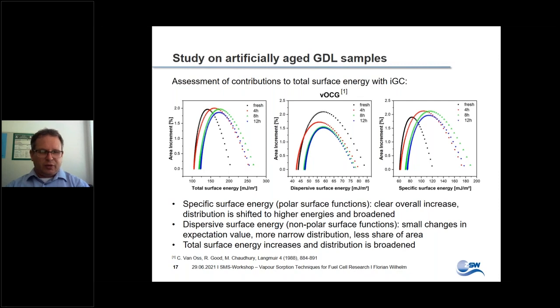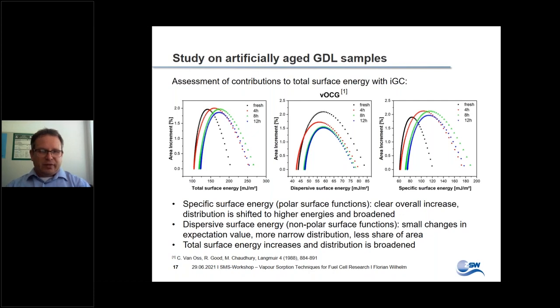The dispersive surface energy in the middle is representative for the non-polar surface functions, and as you can see, we only see small changes in the expectation value. We can detect a more narrow distribution and a smaller share of the area by the non-polar functions.